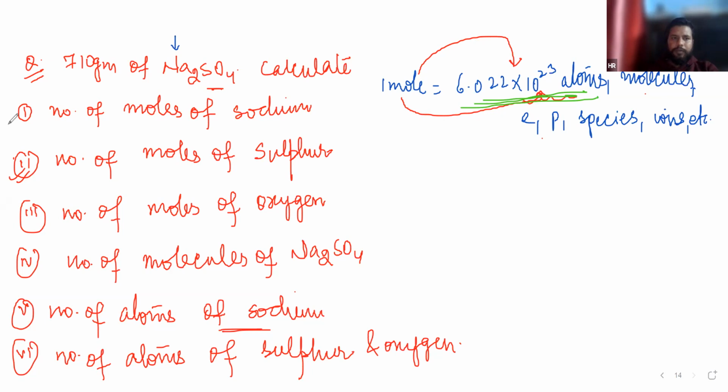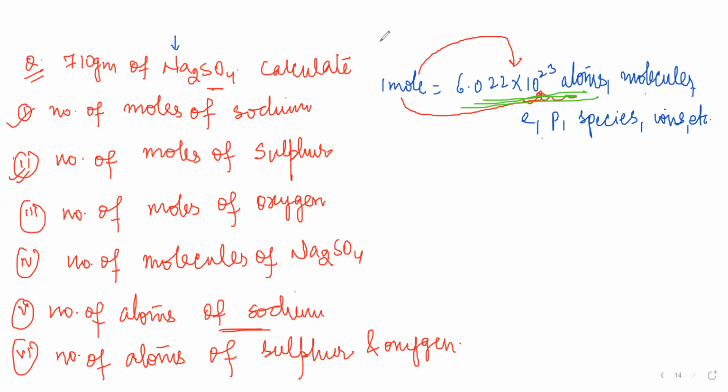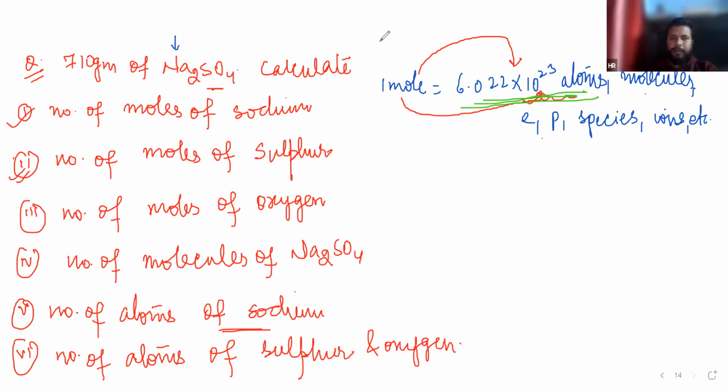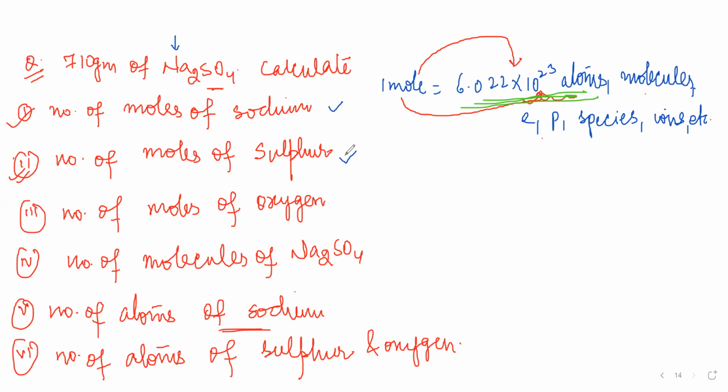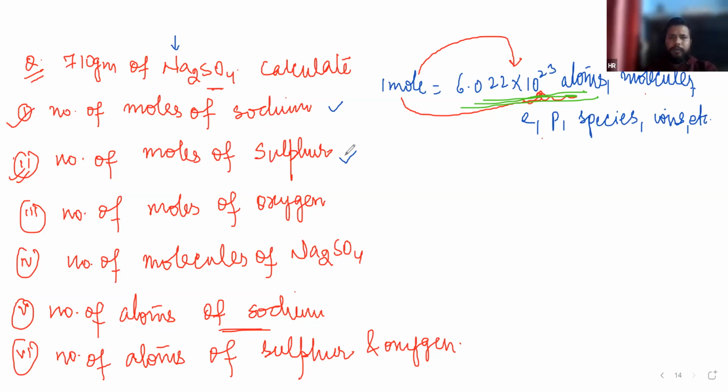Akarsh, what is the answer of first? So 10. Very good. Aviva, second answer. Whatever you have calculated first, second, third, let me know. You can send it in the chat box.